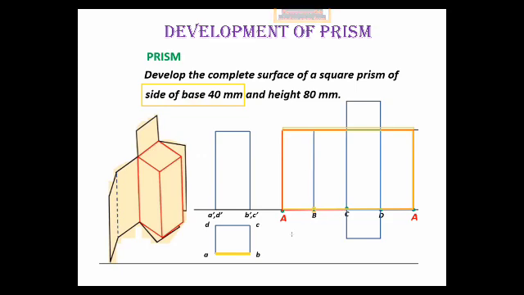So in the development, we give the names capital A, capital B, capital C, capital D and capital A. Then draw parallel lines from each and every point, capital A, capital B, capital C and capital D. So we get the development of this prism.